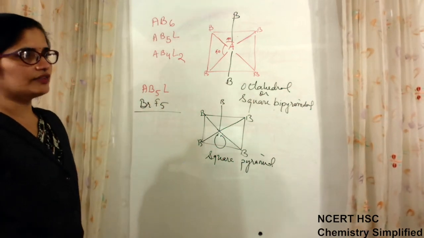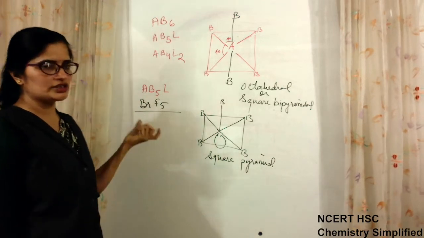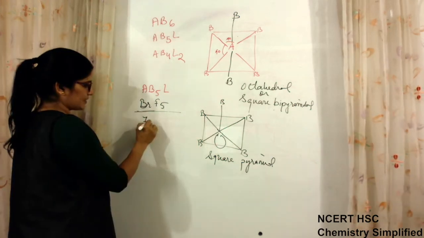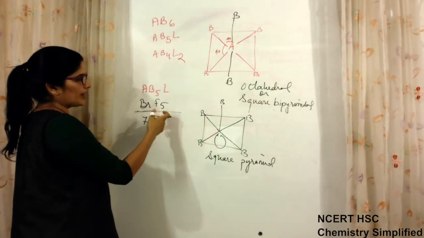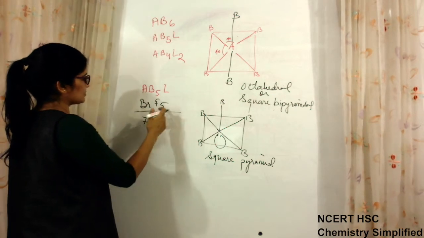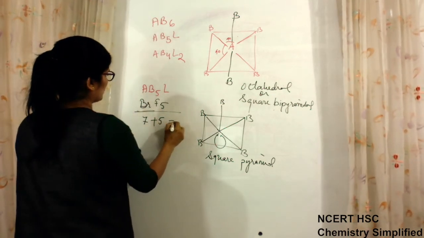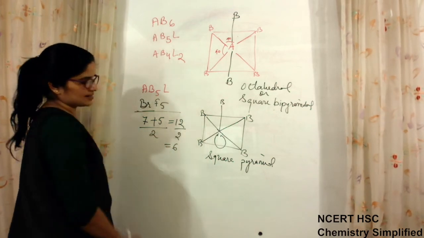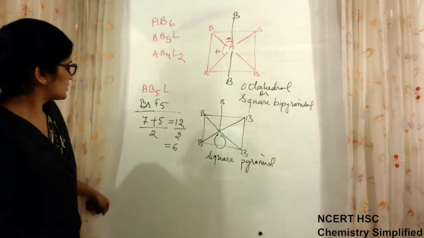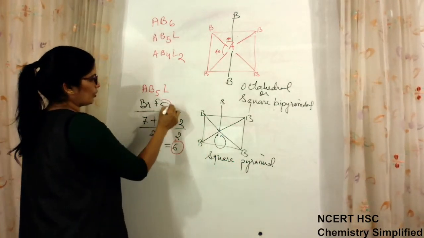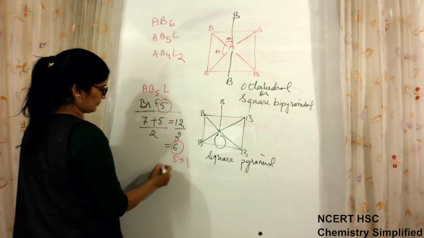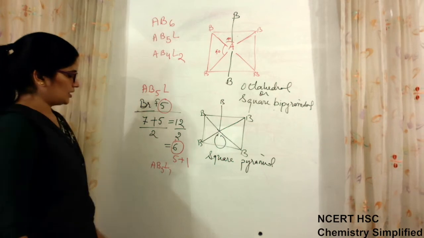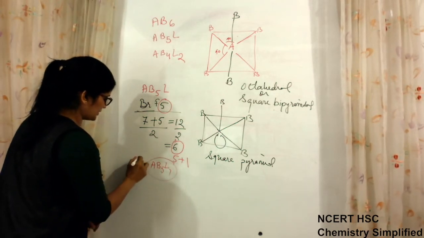Generally what mistake most of the students do is they see 5 bonds here, they write AB5 type of molecule, which is wrong. 7 plus number of side atoms which are 5, that is 12 divided by 2 is equal to 6. 6 are the number of pairs obtained, bonded are 5, that means 5 plus 1, that is AB5L1, equivalent to AB6.